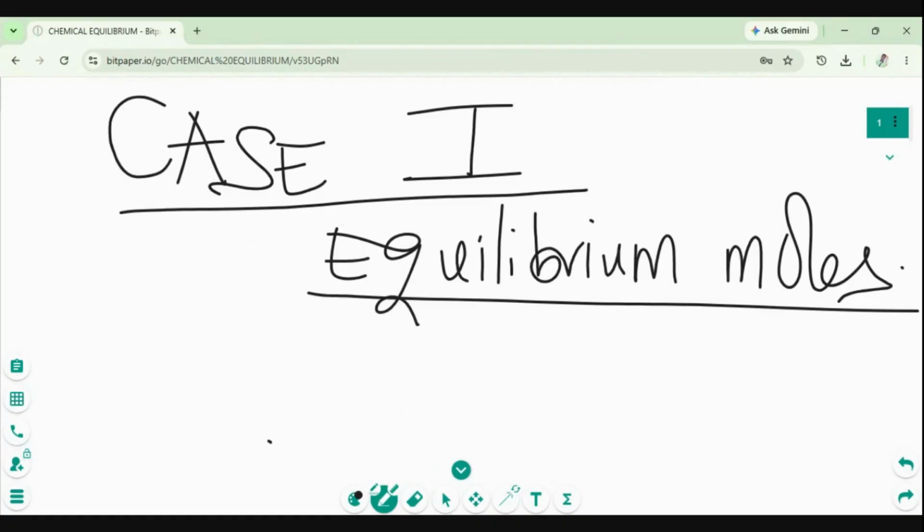In case 1, we looked at how to calculate equilibrium moles, and I want us to pick a simple example as a reminder.